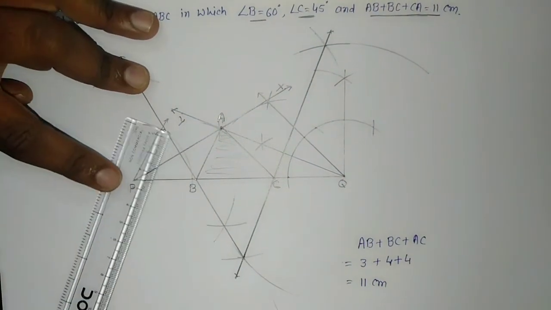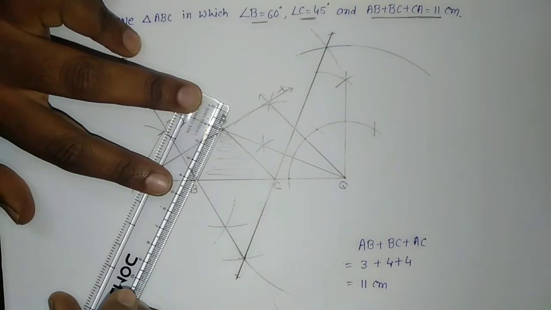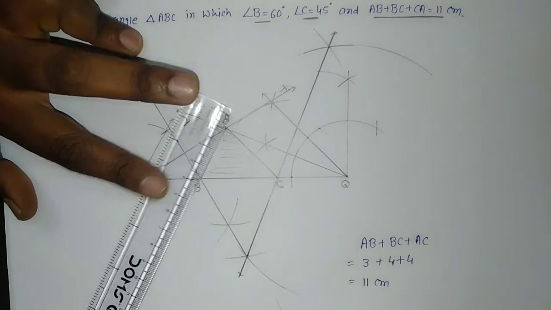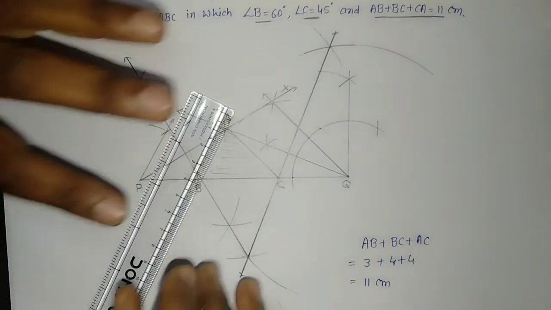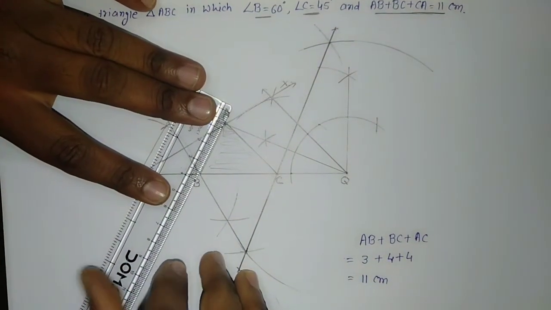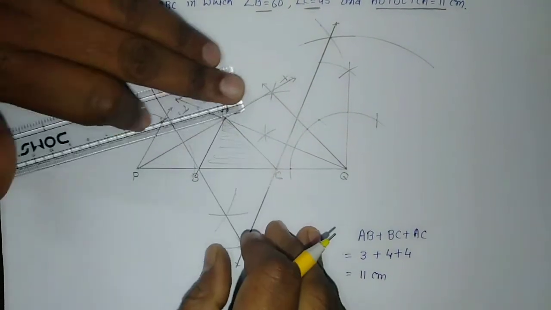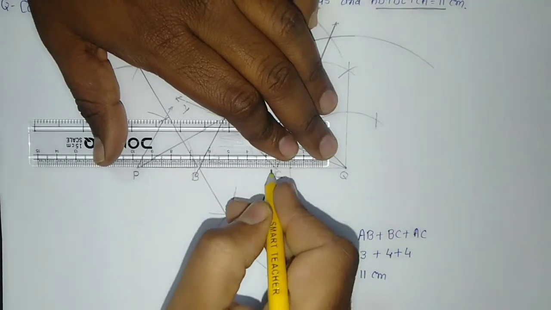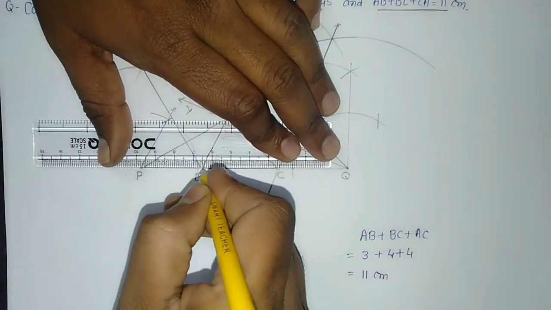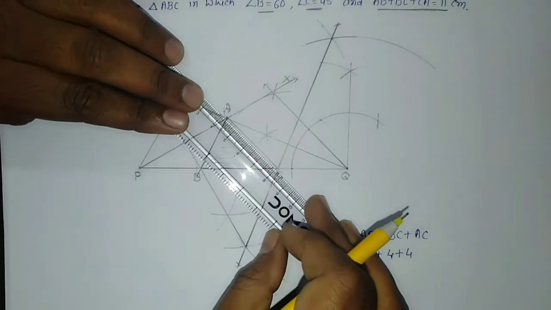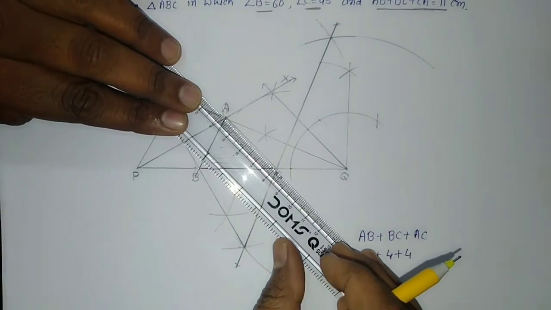Again this triangle ABC, I will show it with the help of the pen so you can understand it properly. Which is triangle ABC? This one, where AB is equal to 3 centimeter, BC is equal to 4 centimeter, and AC is equal to 4 centimeter.